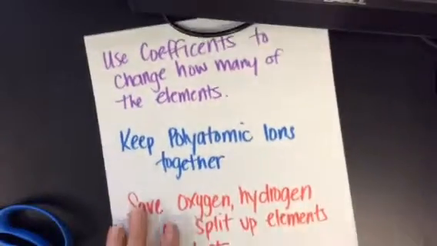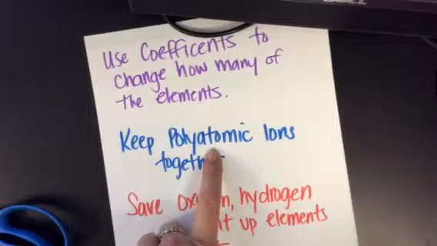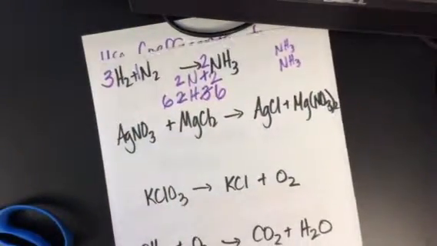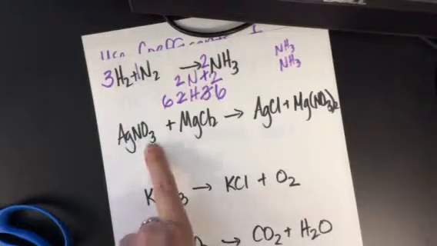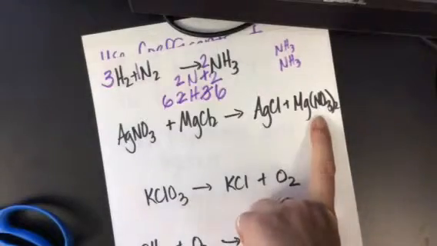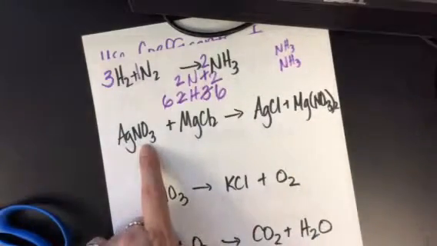Now the next rule, I guess you could call it, is we want to keep polyatomic ions together if they appear on both sides of our chemical reaction. So in our next example, I have silver 1 nitrate reacting with magnesium chloride. We're making silver 1 chloride and magnesium nitrate. With this one, I have a nitrate, NO3, right here.